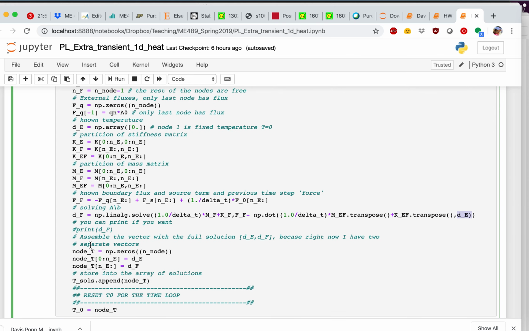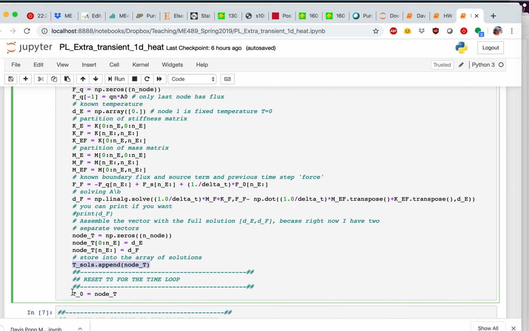And that's it. If I solve this, then I'm gonna get the node temperature. So that will be the temperature at the next time step. And I can save that. Now, before I go to the next time step, I need to basically switch. So this temperature, which is the temperature at the next time step, should become the temperature at the previous time step. So I need to reset for the time loop.